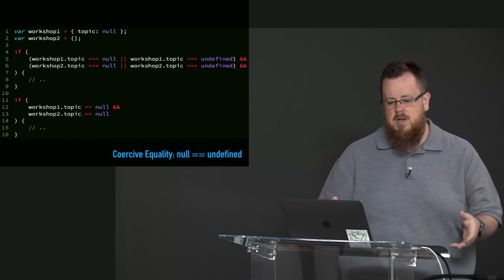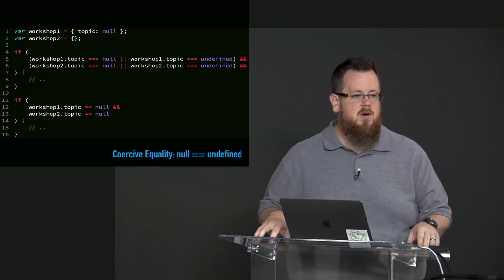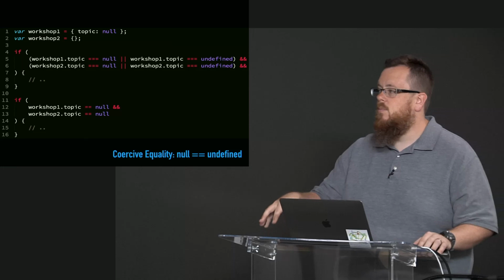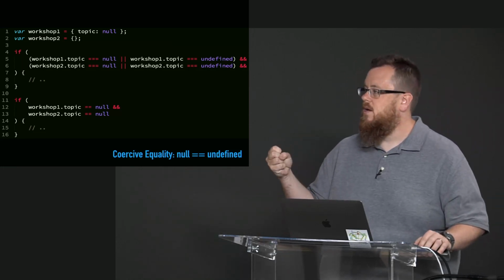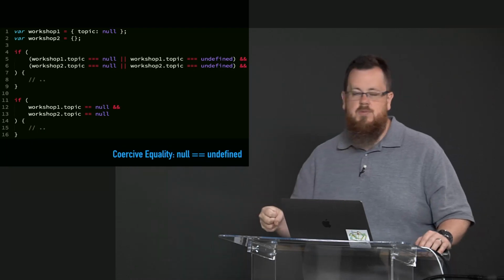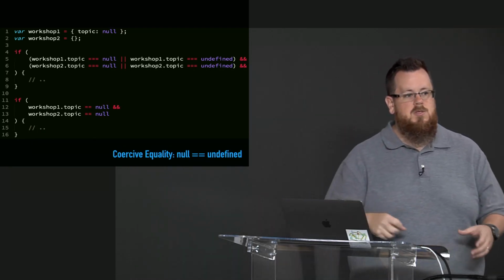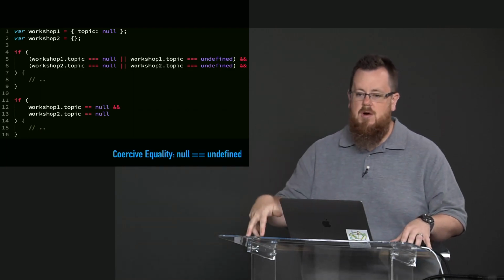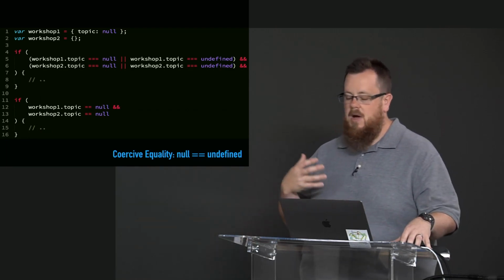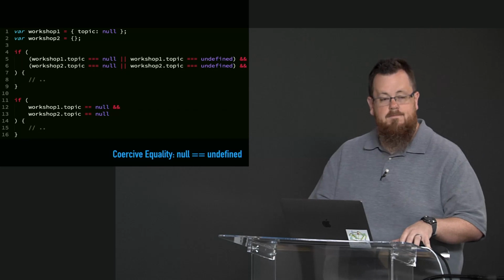That is an unimportant detail that distracts the reader in lines 4 through 7. The more important detail is I'm asking, is workshop 1 topic empty and is workshop 2 topic empty? So I would claim that lines 11 through 14 are focusing the reader on the more important thing, and by my definition that makes the code better.